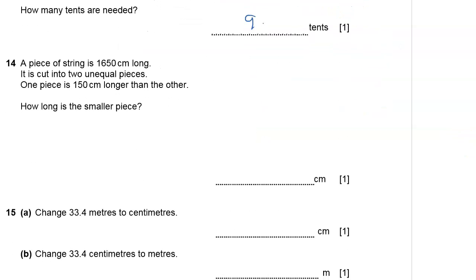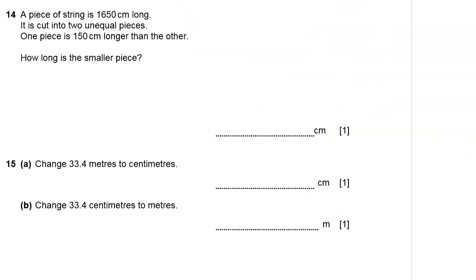Question number 14. A piece of string is 1650 centimeters long. It is cut into 2 unequal pieces. One piece is 150 centimeters longer than the other. How long is the smaller piece?